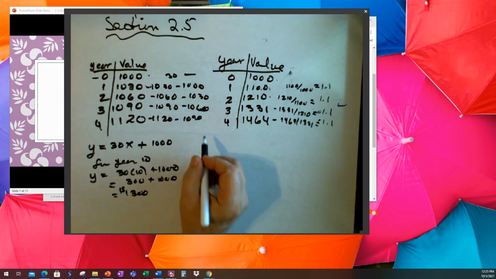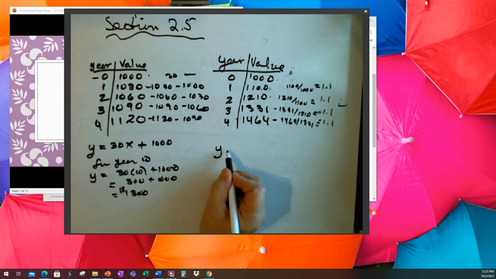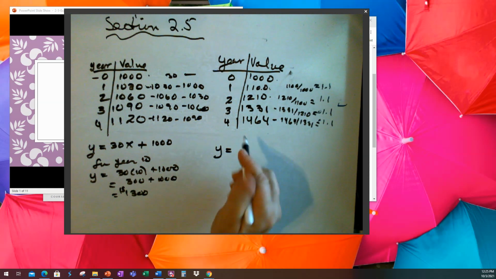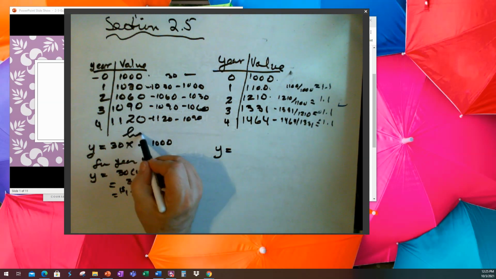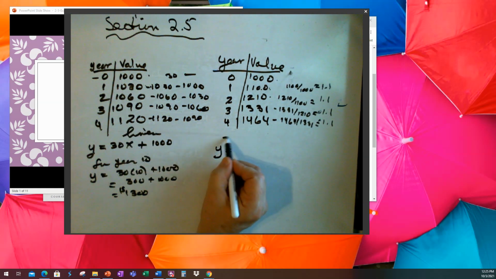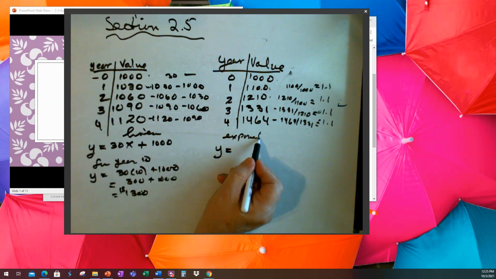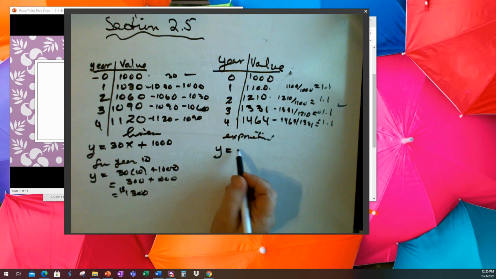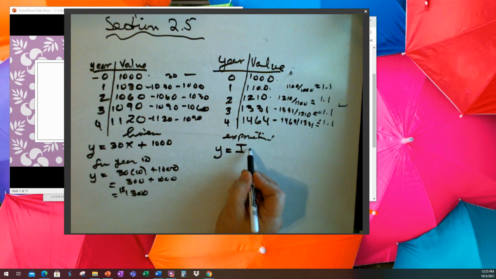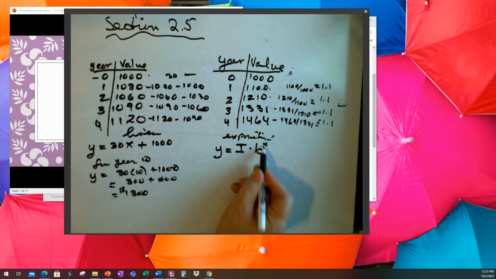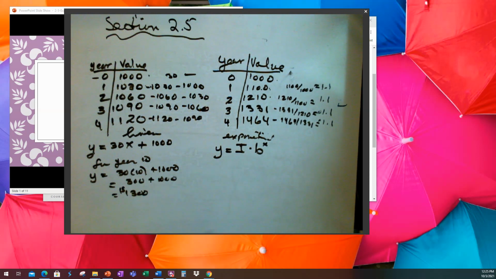And if I can do that, I can build the general model of an exponential. This is a linear model, and this is an exponential. For an exponential, I've got some initial amount times some base number to the power of the number of years. In this case, this is the initial amount, and this is the base.